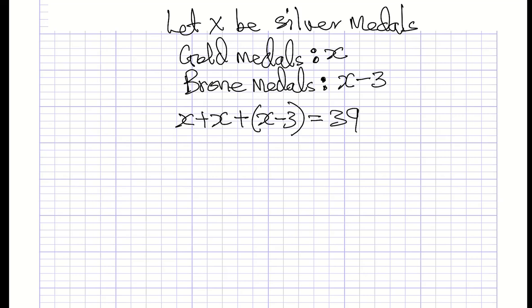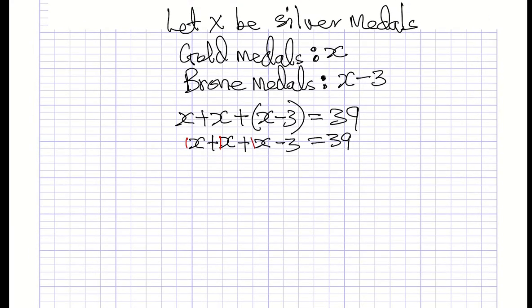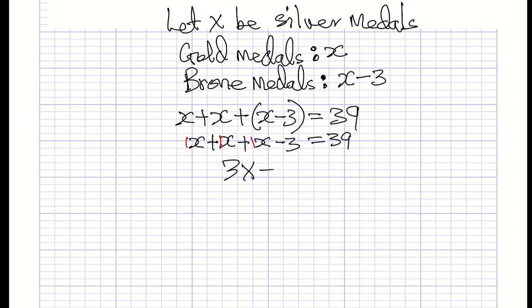So let's solve this. We'll have x plus x plus x minus 3 is equal to 39. Always remember, don't be confused. 1 here, 1 here, 1 here. Those are 1x everywhere. So you got 3x minus 3 is equal to 39.